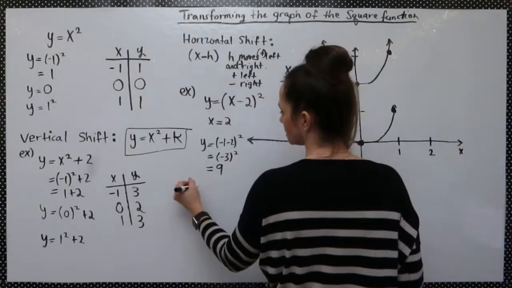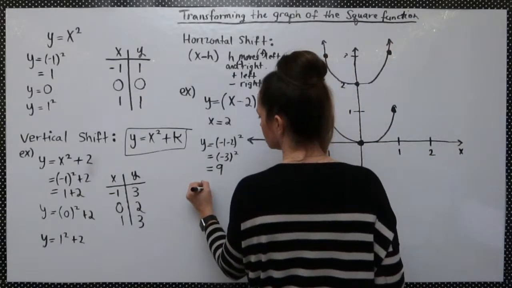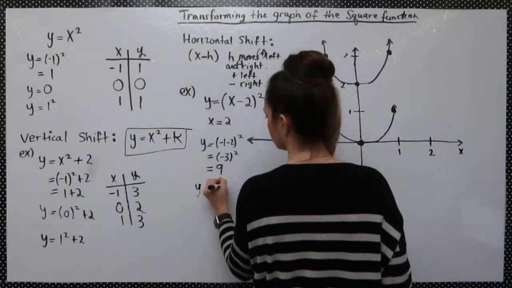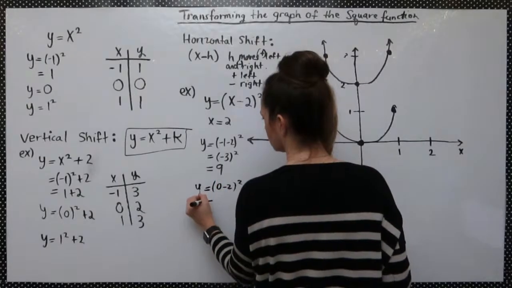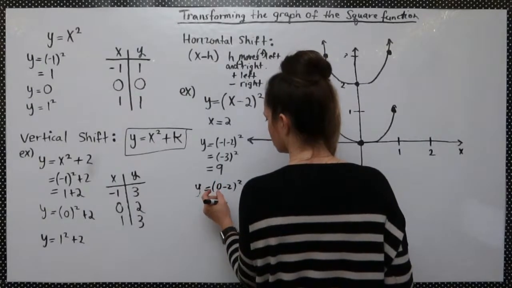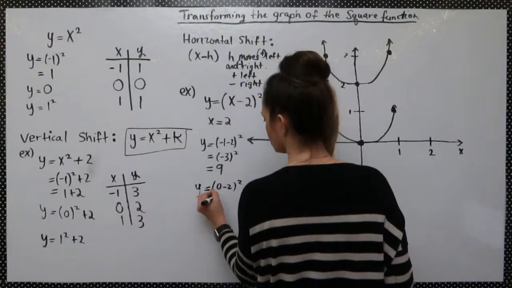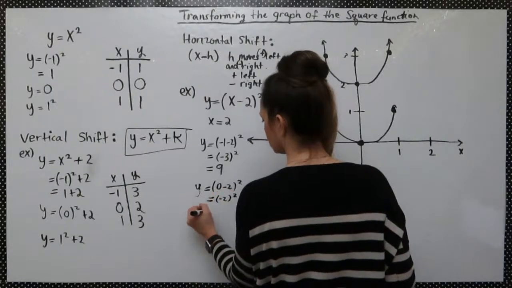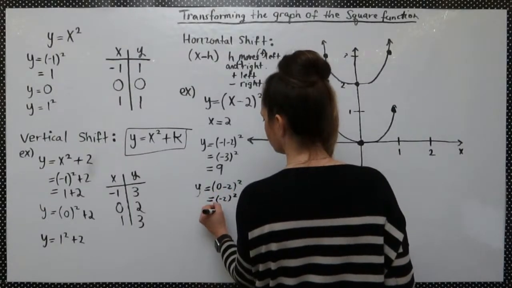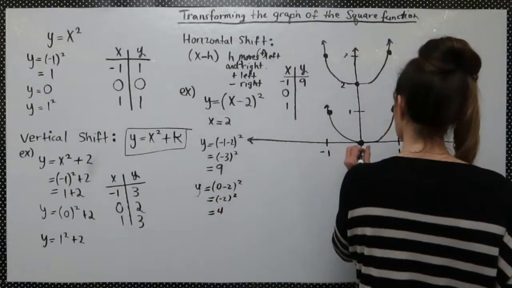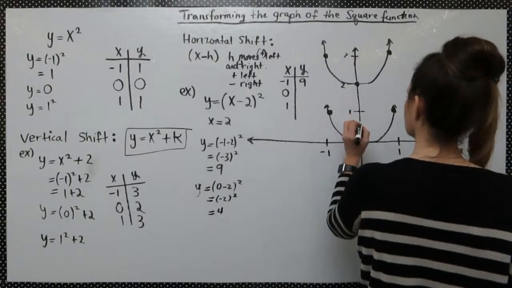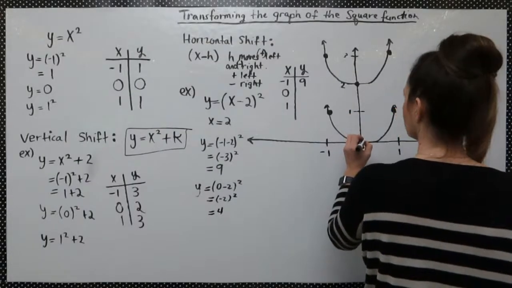And then let's see where 0 ends up. Y equals 0 minus 2 squared. That is negative 2 squared, and that is 4. So we got 0, comma 4.